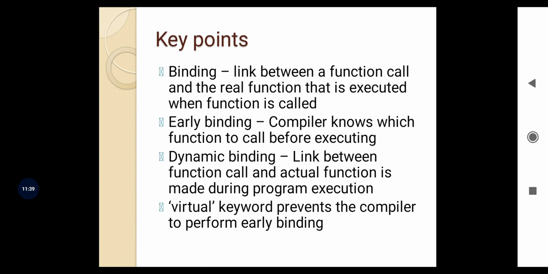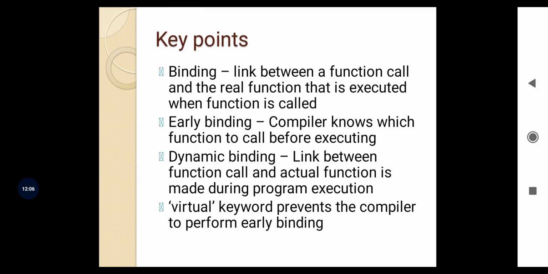However, some of the key points from today's video and class are: binding is a link between a function call and the real function that is executed when the function is called. This I have explained in the previous slide. You can go through it. Early binding is when the compiler knows which function to call before executing, which is also called compile time binding.